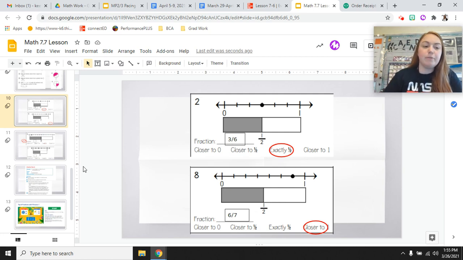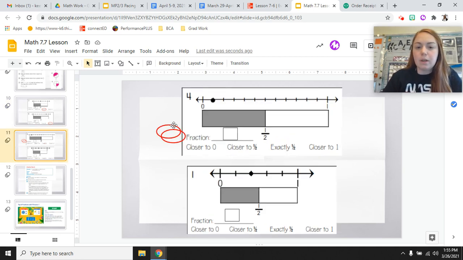All right, so now that we've done a few examples, let's try 2 more. So this one is a lot bigger, but look at your benchmarks, 0, 1/2, and 1. Where would our fraction be if the dot is over here? Is it closer to 0, 1/2, exactly 1/2, or closer to 1? In this case, it would be closer to 0.